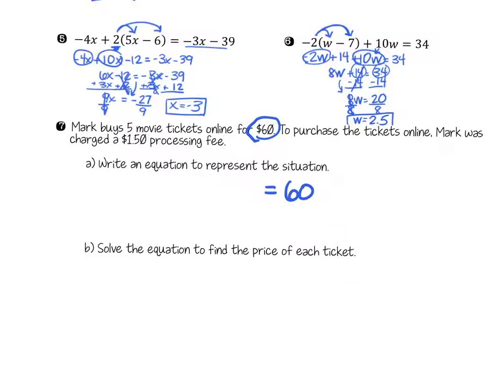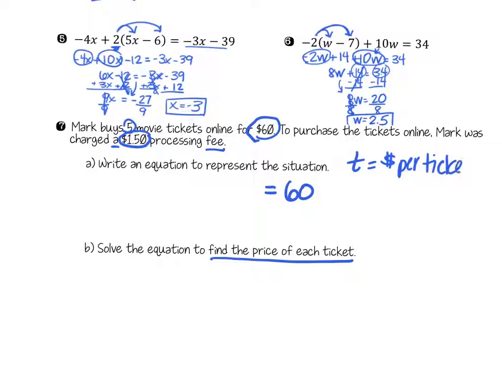Okay, I know he bought 5 movie tickets, and it says a $1.50 processing fee, and for the fee, I know there was only one of them. But 5 tickets, and we're solving the equation to find the price of each ticket. So I'm going to use T to equal the cost per ticket.